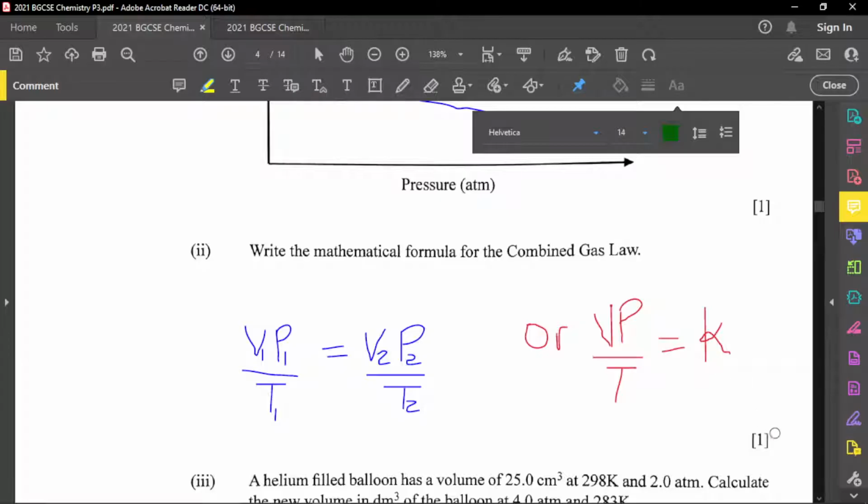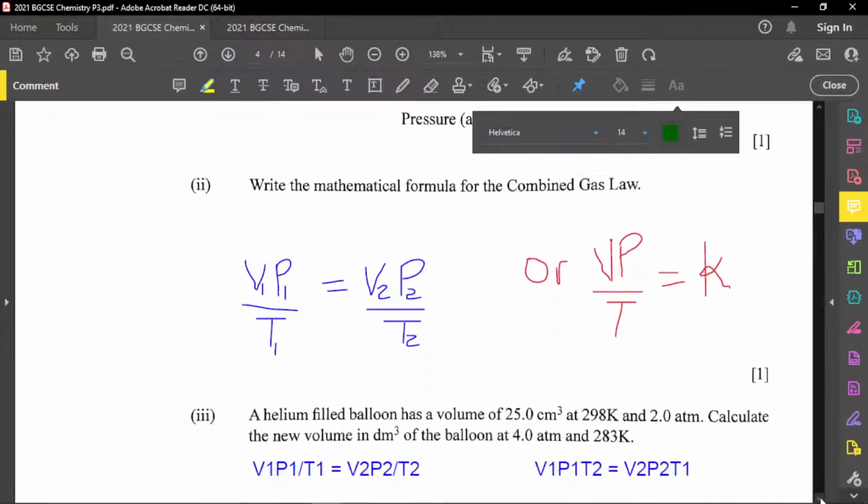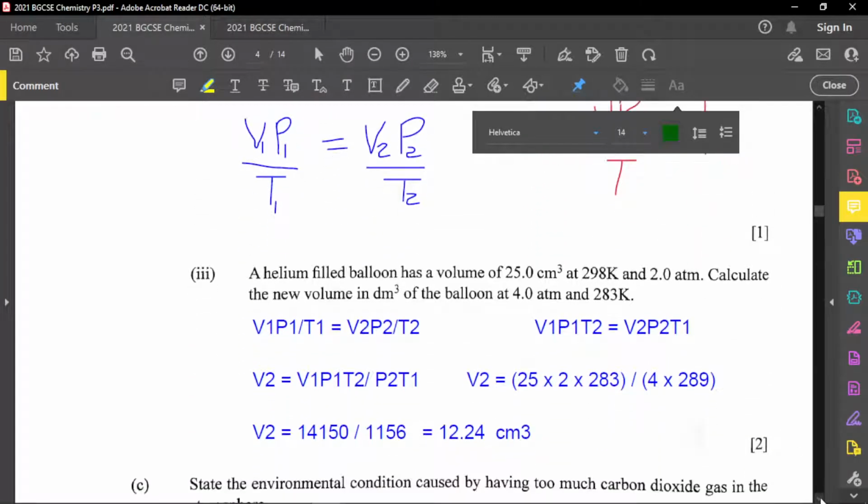For part 3, a helium-filled balloon has a volume of 25 centimeters cube at 298 Kelvin and 2 atmospheres. Calculate the new volume in dm cube of the balloon at 4 atmospheres and 283 Kelvin.